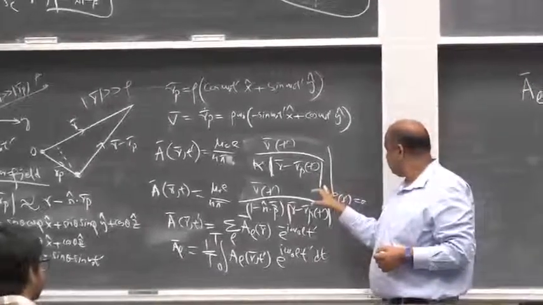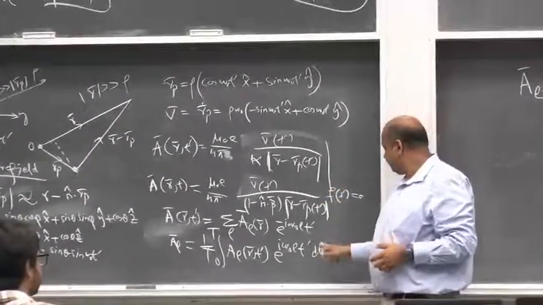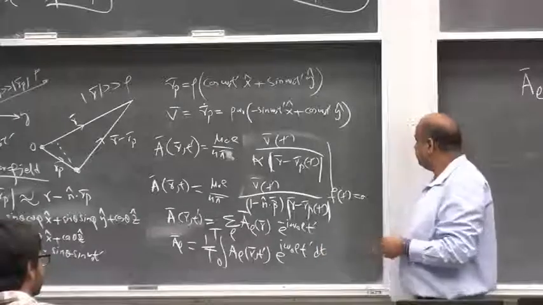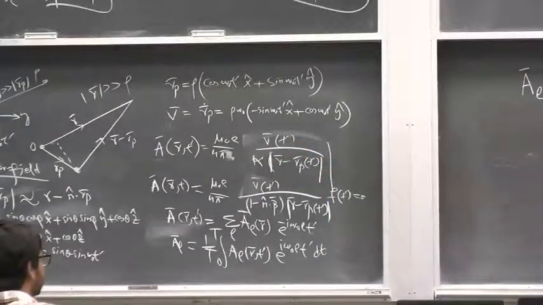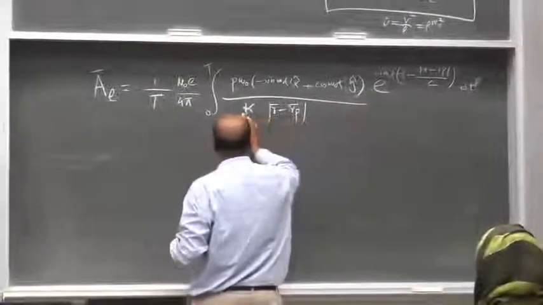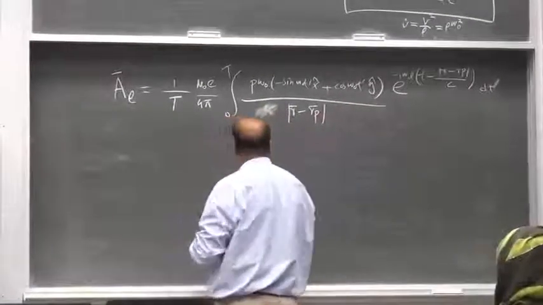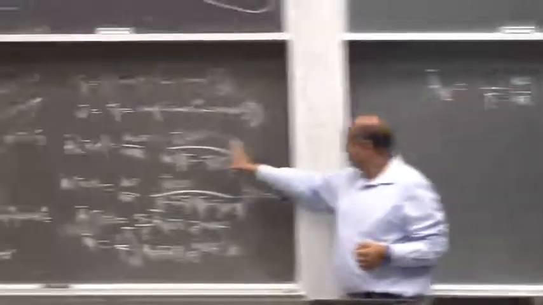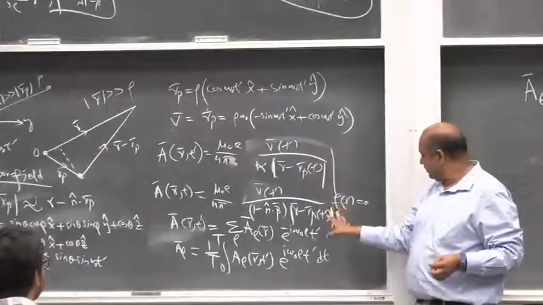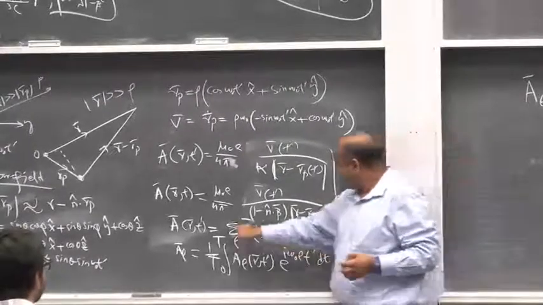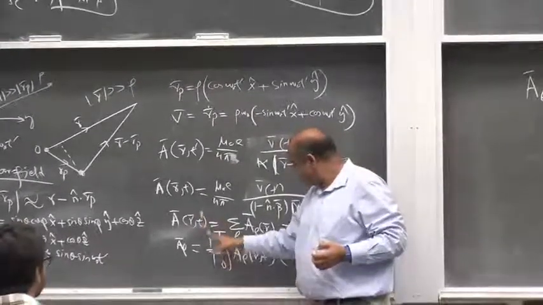So if we are in dt and this is in t prime, we can convert this part into t by eliminating this kappa. Okay? This is t prime. So we are working in the t domain.